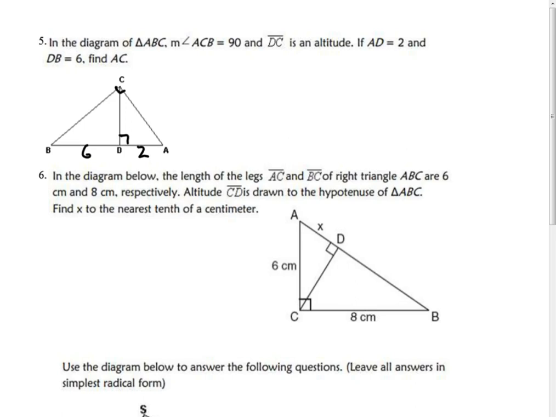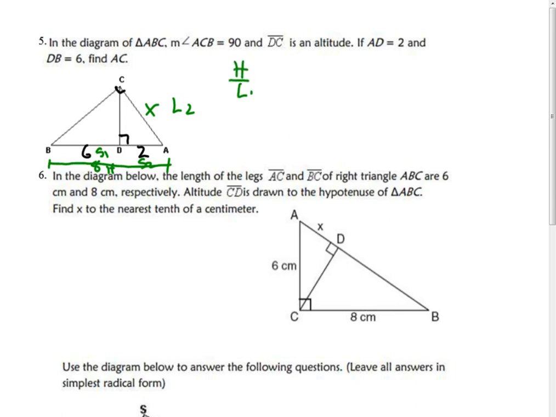What we're looking for, we'll call X, find AC. We'd call that leg 2, side 1. Can we find the hypotenuse? What would the hypotenuse be? 8. We just add them together.